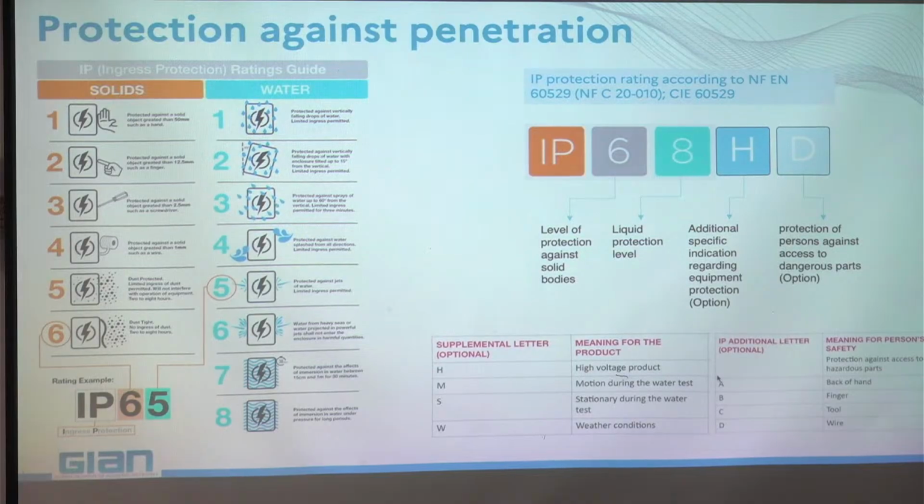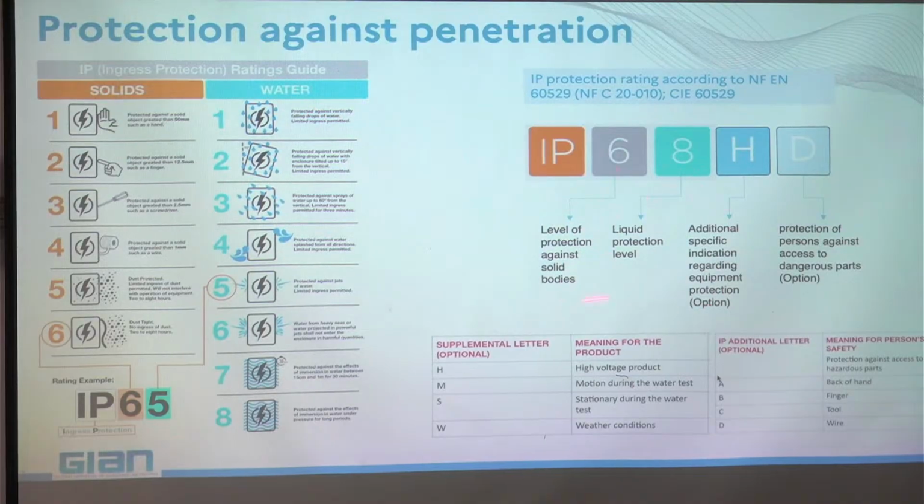It's completely stupid because 1 year doesn't make the difference, but this is the way that the standards operate. Class 4, you cannot put a wire inside. Class 5, dust cannot penetrate inside the luminaire, but it is still open. And class 6, dust and water cannot penetrate in. Okay?